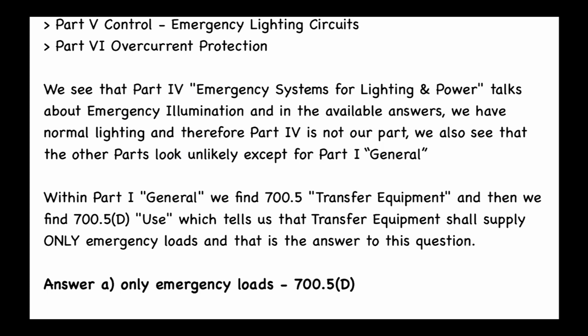And then we find 700.5(D), called Use, which tells us that transfer equipment shall supply only emergency loads, and that is the answer to this question. So it's only going to be for emergency loads. Again, that's answer A, only emergency loads, and that's code reference 700.5(D).